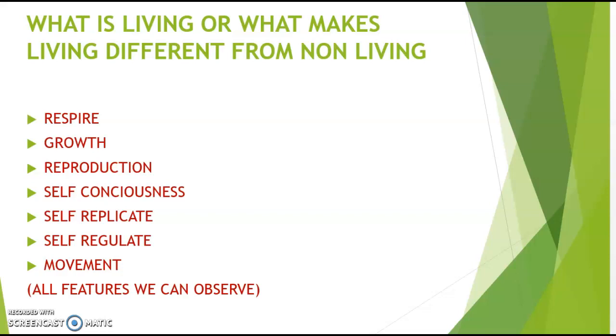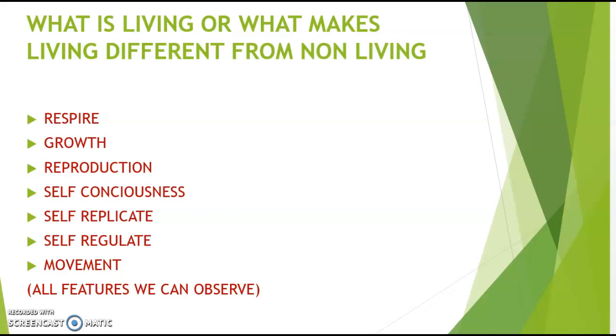Now, first thing, living world. It's a very simple topic and you must have read about most of the terms in your lower classes. What is living, or what makes living different from non-living? As we all know, whenever we check the features of living, mostly what we observe, accordingly we want to differentiate between living and non-living.